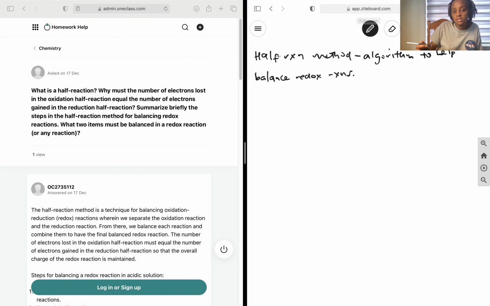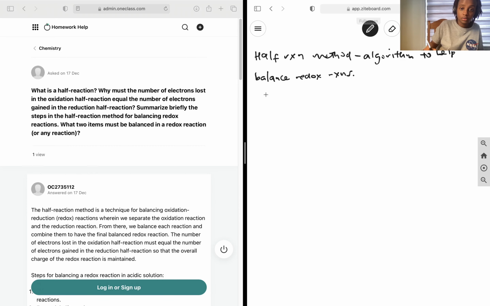The reason why we necessarily have to break it down using the half reaction method is to ensure that conservation of mass and charge both occur. This means that we want charge to be conserved, and we want the mass, so the individual species, to be conserved. And so the steps are that you break it into the oxidation and reduction, you balance them individually, and then you join them back together again.